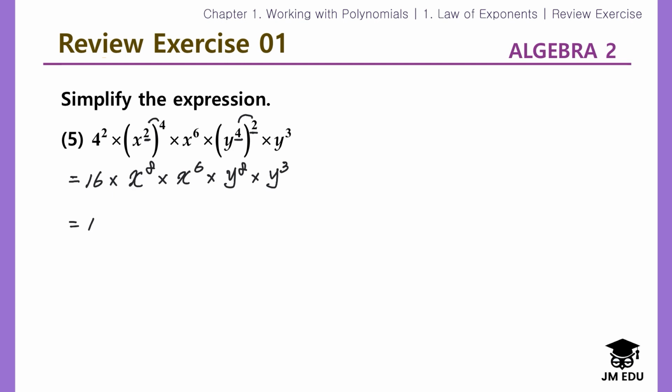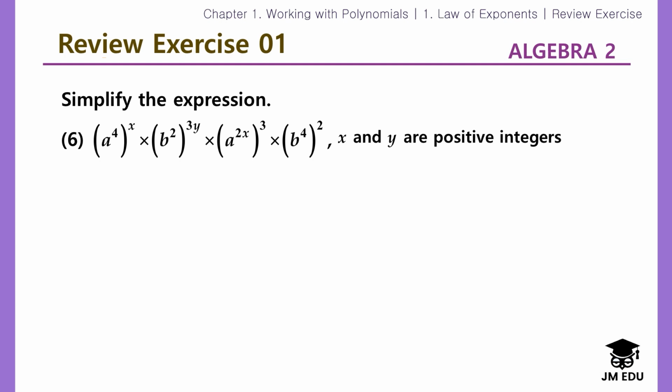So we have 16 times x to the, here we have x to the 8, x to the 6. Add exponents. 8 plus 6 times y to the 8 plus 3, right? So that is equal to 16 x to the 14 y to the 11.